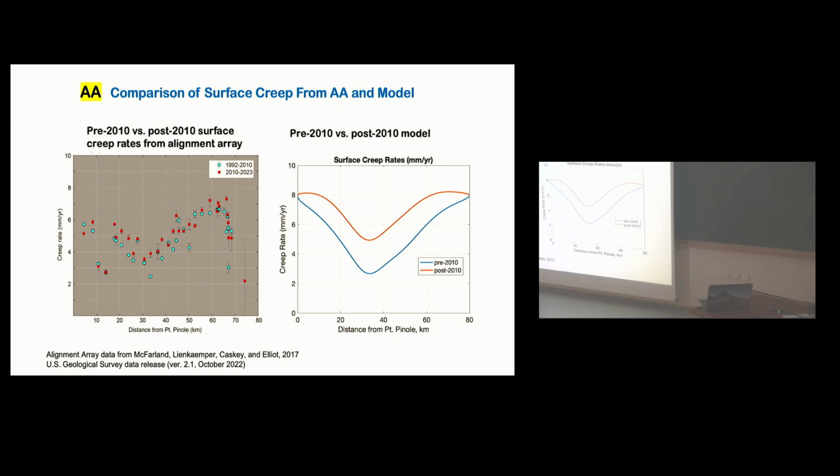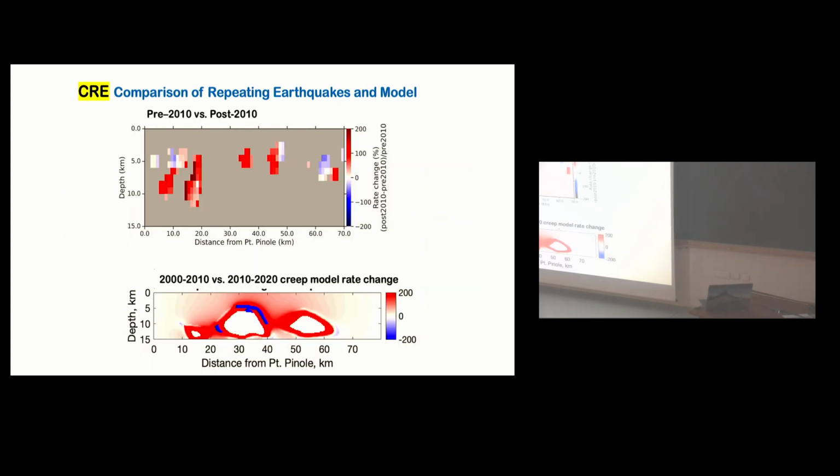There's probably too much acceleration here. And the comparison with the accelerations from the repeating earthquakes roughly matches what we found from that. So to first order, a model like that seems to do the trick to produce what we observed, these accelerations. Okay.